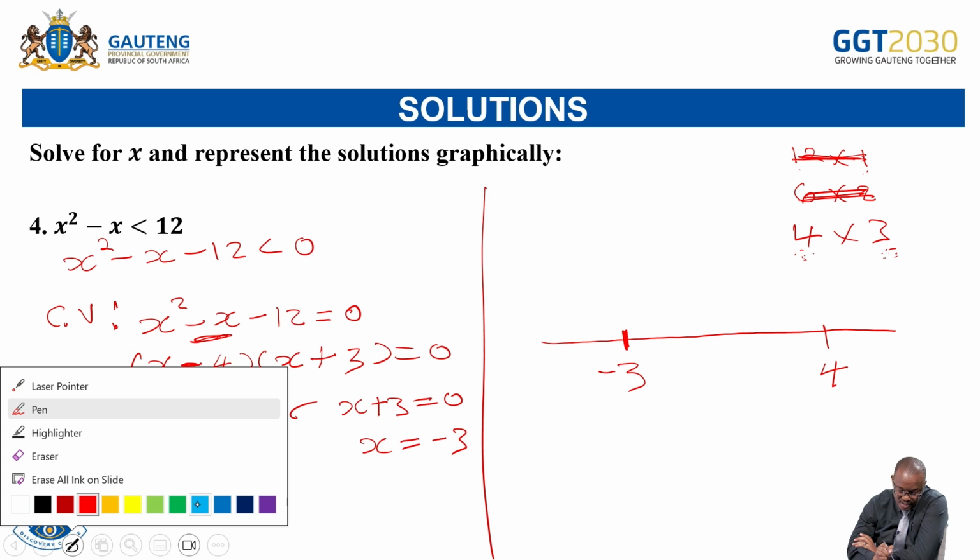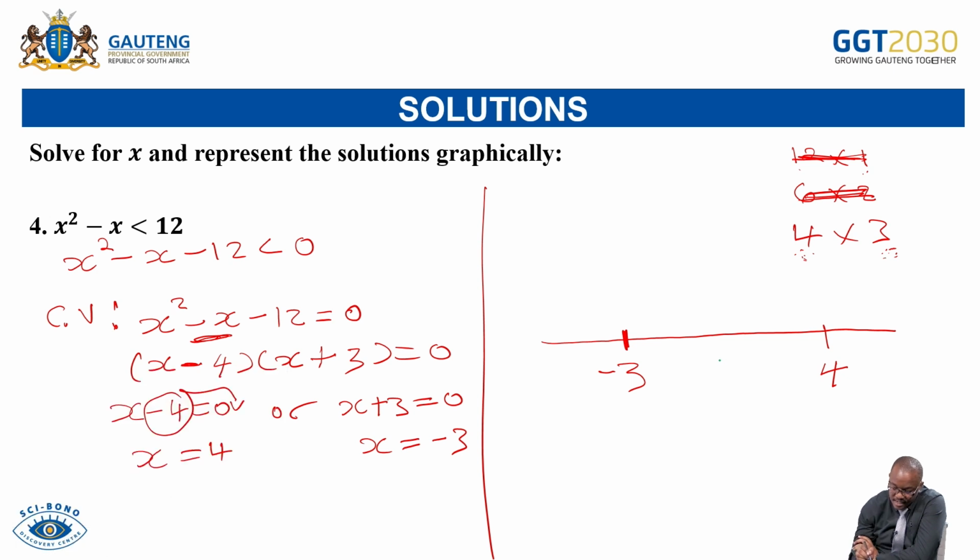Then what do we say when we get here? We're saying, okay, I am going to put x there between the two numbers. And now the leading coefficient, because it's positive, then I can take that sign the way it is and put it between -3 and x and 4 there.